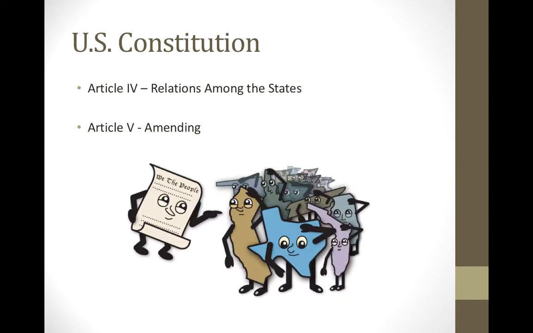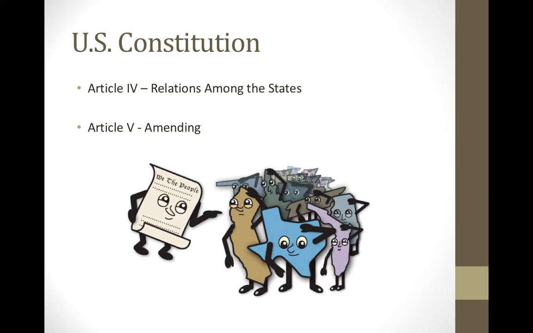The next topic in the Constitution is Article 4, and that deals with how the states relate with each other. We have a national government in Washington, D.C., and they make laws for everyone. And then all 50 states also have their own laws.